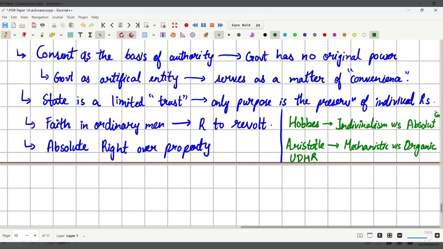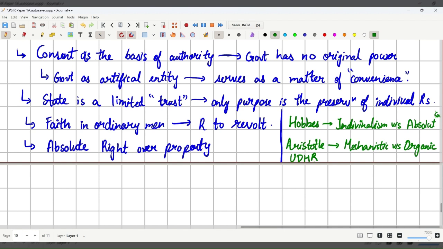In contrast, Locke remains a consistent individualist throughout, because Locke nowhere justifies absolute power to the state and ensures that individuals remain prior to the state.